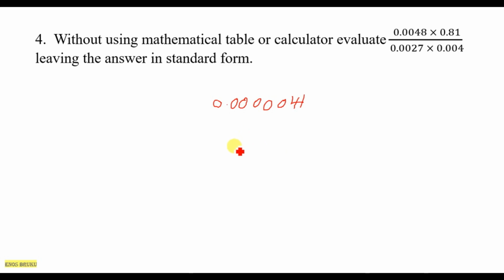So standard form helps us to write numbers such as this or even smaller than this in a way that will be easier to work with.